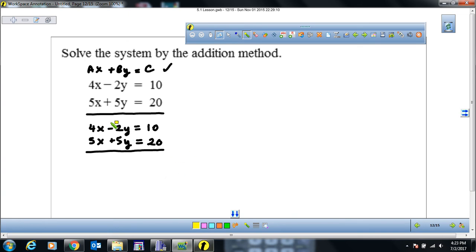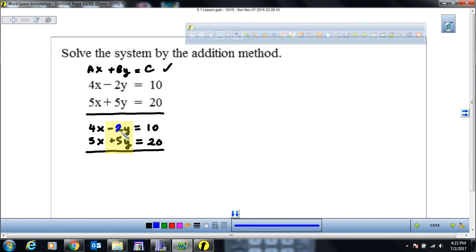Let's say I'm going to cancel out the y's, because in this one I already have a minus and a plus. The only thing is that I need to make them the same. If you cannot just multiply one equation to make it the same as the other, then the value from the top equation you multiply into the bottom equation, and the value from the bottom equation you multiply into the top equation. That way both of them will become 10s.